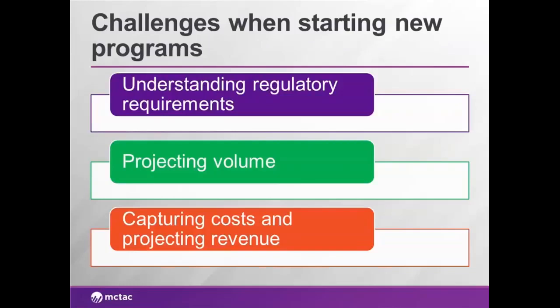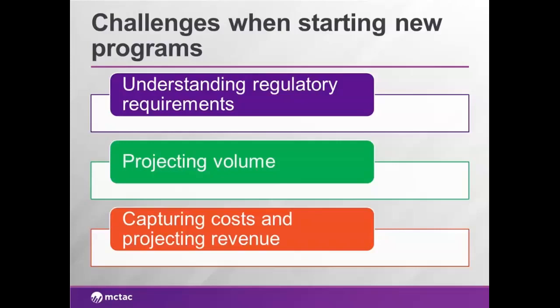So a lot of times what we're faced with is starting new programs. We'll certainly take an example of the new children's support services, and we're going to be building programs from scratch. And when we do that, there are a couple challenges that we need to address. The first certainly is understanding regulatory requirements. If you've recently read the SPA manual, you go through and you know what the credentials of your staff need to be, of your supervisors, what programs you're going to be providing, what are the operational definitions of the services.